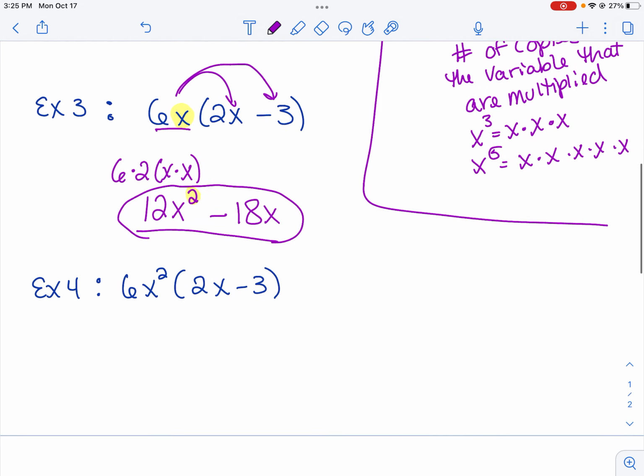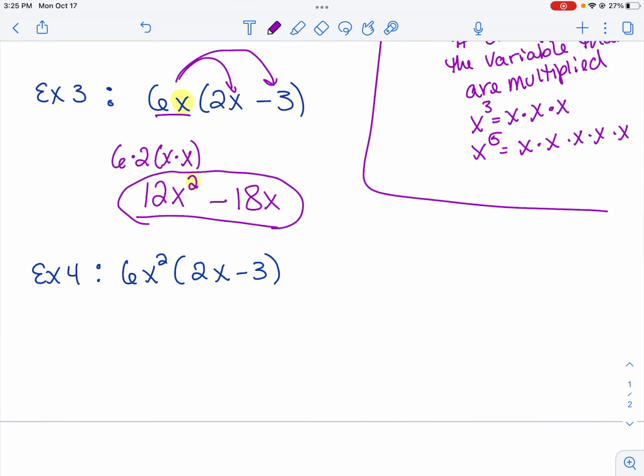All right. So now let's think about this last one, 6x squared times 2x minus 3. So my monomial is still 6x, but now we have a power of 2, all right? So when I distribute, I'm doing 6x squared times 2x. So it's 6 times 2 and x squared times x, right? I'm just rearranging that a little bit.